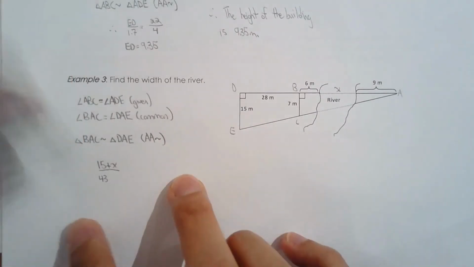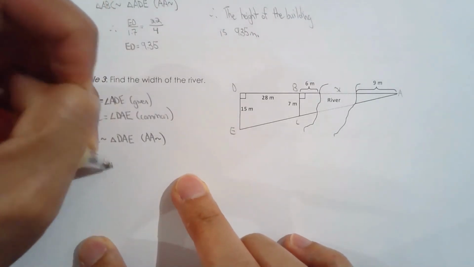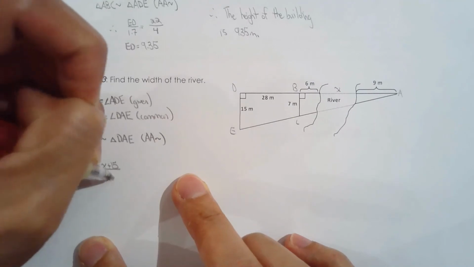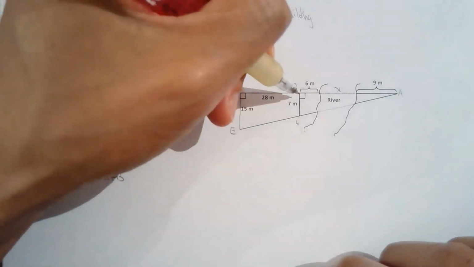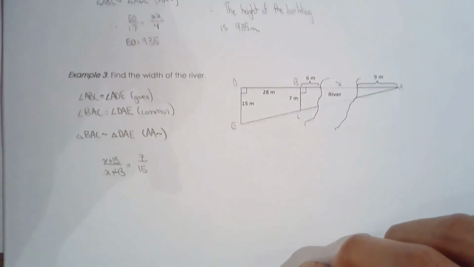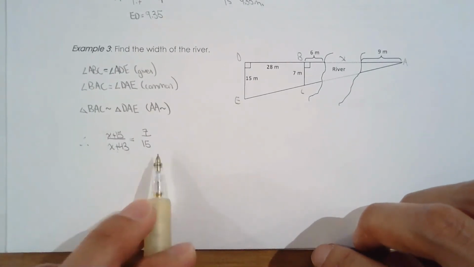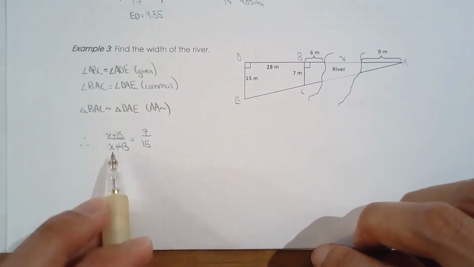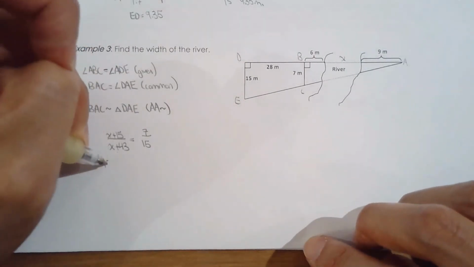Let's write it nicely: x plus 15 over x plus 43, and that is equal to 7 over 15. So multiply both sides by the lowest common denominator, which in this case is 15 times all of x plus 43. So we get this.